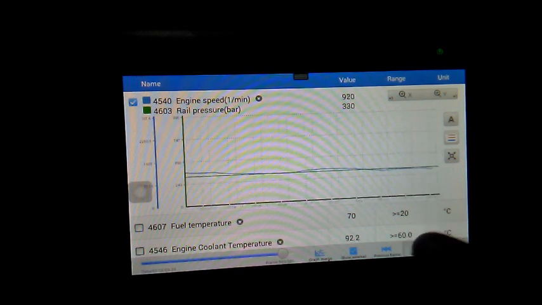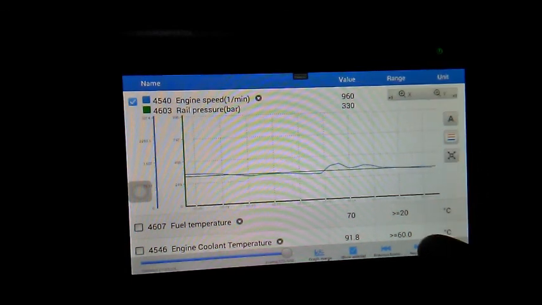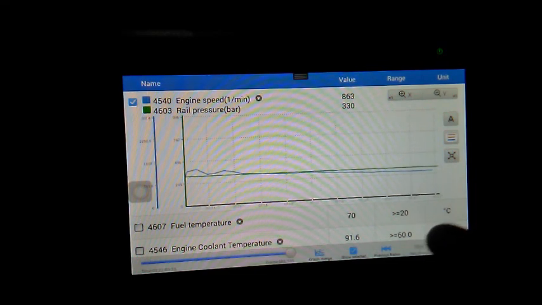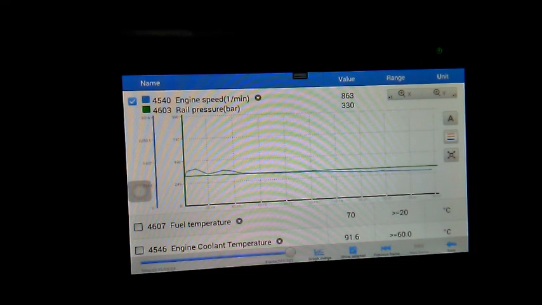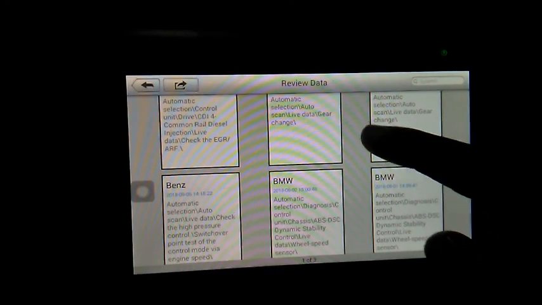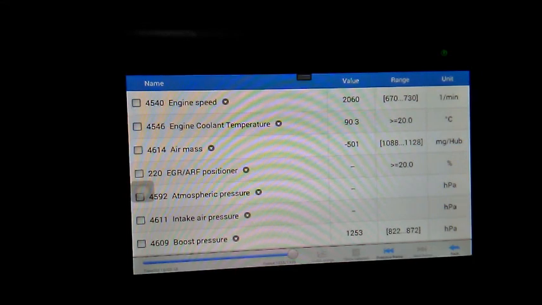Until you switch the engine off, you still have 330 bar of fuel pressure. Now, I couldn't believe that was right, so I did a final check.